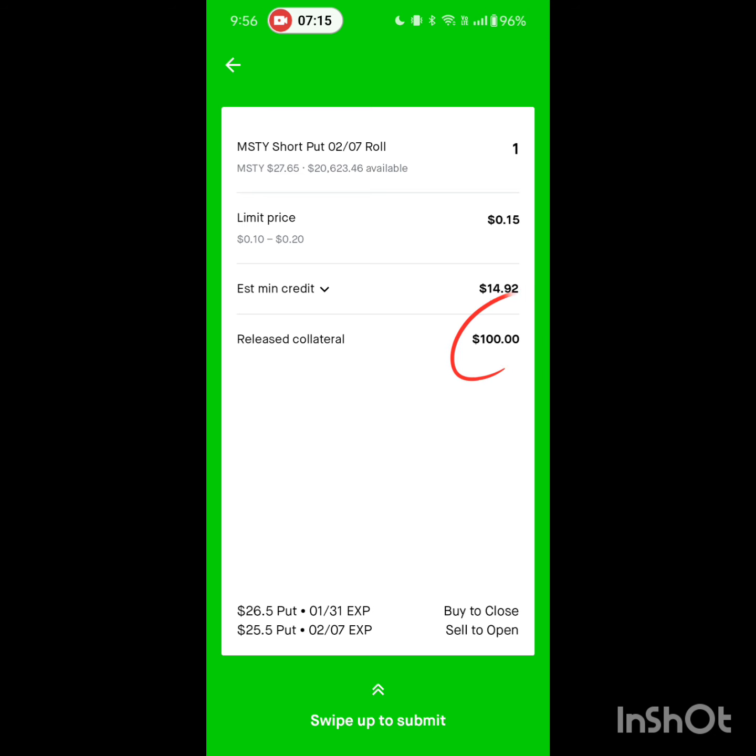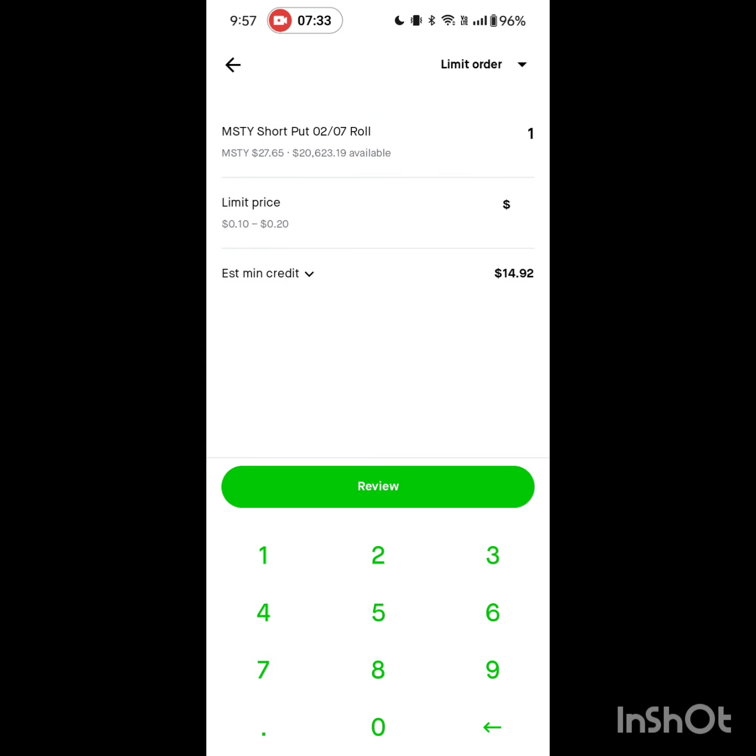Down here at the bottom, it tells you that from 26.50 you're closing that contract, and you're opening a new one for 25.50 for one more week. Okay, and for that you're getting $14.92. Again, you can still play with the limit price if you think you can actually get more for it, like for example, $19.